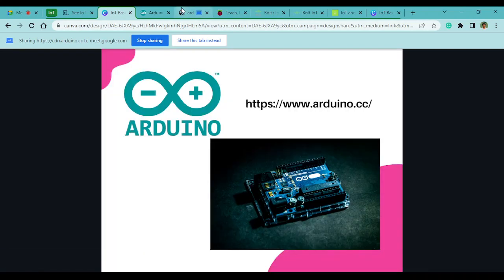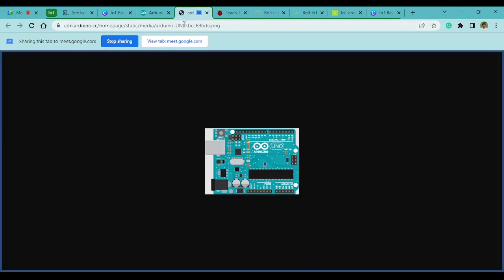So Arduino is a platform that you can use to connect, for example, you can create a robotic car that is controlled by your smartphone. Basically anything mechanical can be controlled using this circuit board.